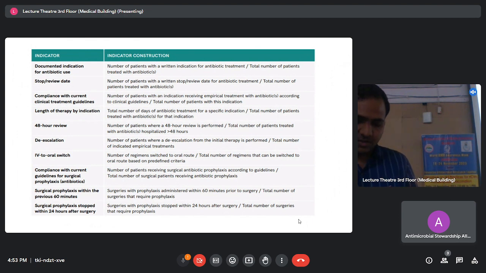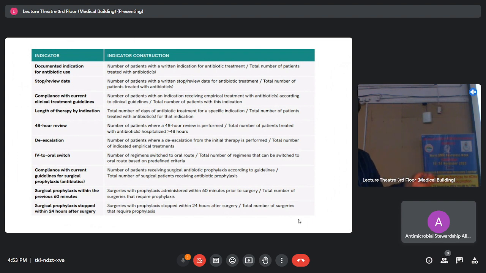For example, we have the 48-hour review measure, which is the number of patients where a 48-hour review is performed divided by the total number of patients being treated with antibiotics. Then we have a de-escalation indicator. Same for intravenous to oral switch, there is an indicator.